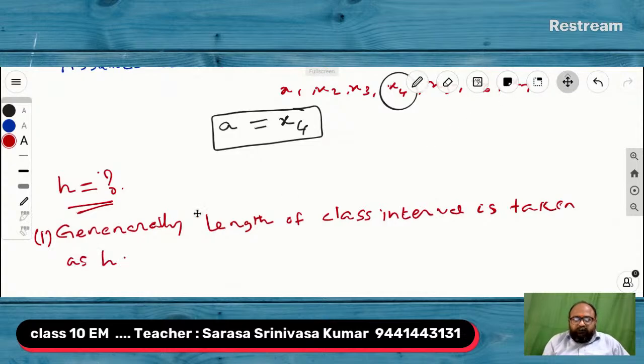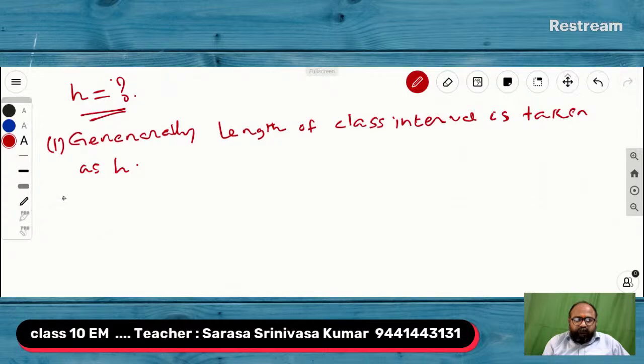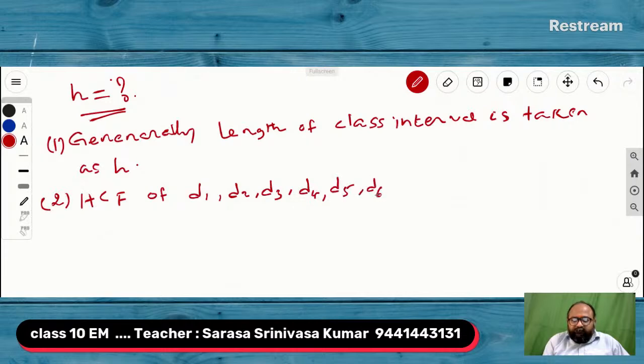Rule number 2: the highest common factor of d1, d2, d3, d4, d5, d6, d7 is taken as h.